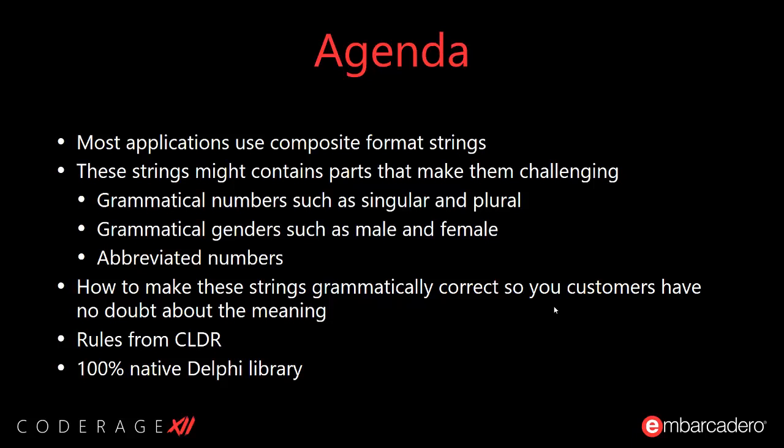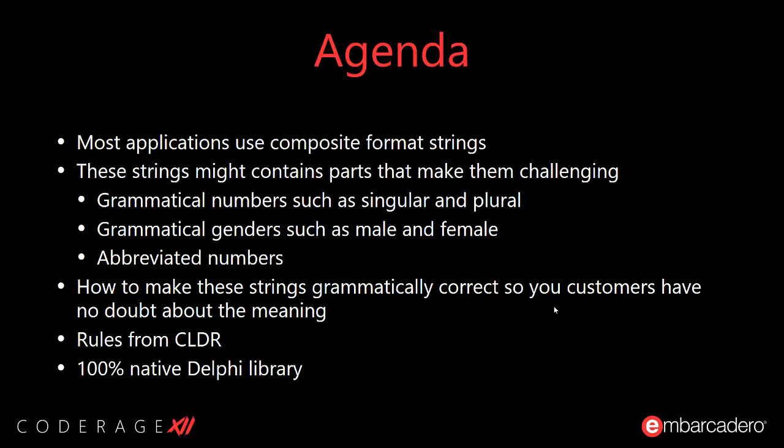Because everything I show here is local and language dependent, there must be rules to do the pluralization, genders and number abbreviations. Lucky for us, there are common rules called CLDR. It's a Unicode Consortium project that collects the rules for each language.